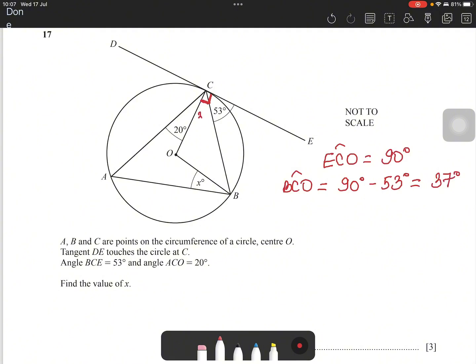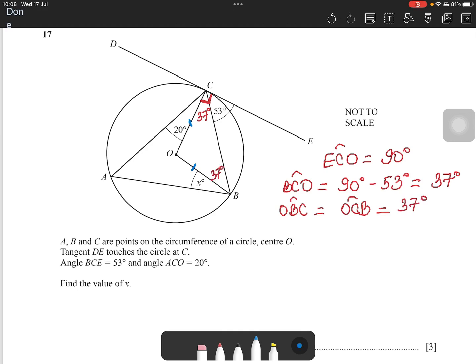Now we know that this one is 37 degrees. And because the triangle OBC is an isosceles triangle, because OC is equal to OB, they are the radius of the circle center O, angle OBC is the same as the angle OCB, which is also 37 degrees.